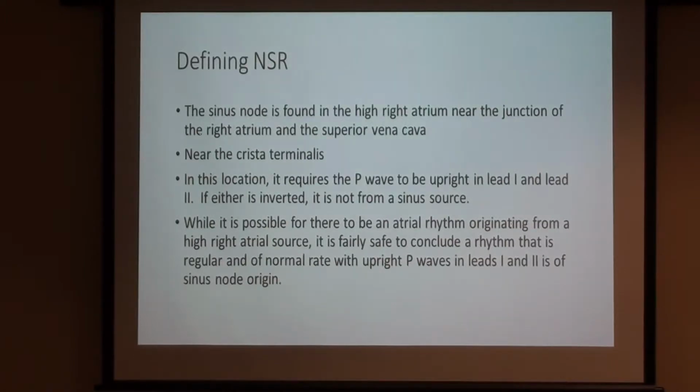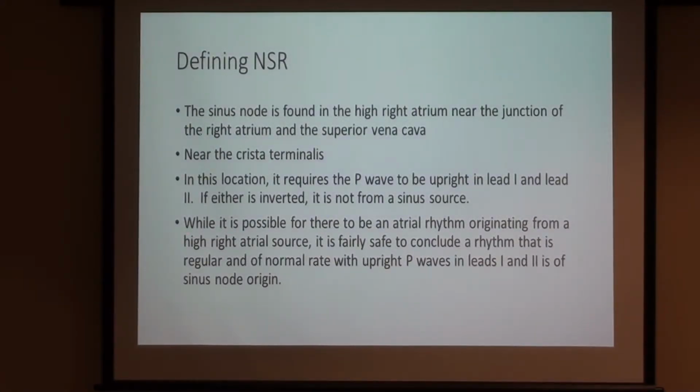So if you have a P wave on the EKG, it's upright in lead 1, upright in lead 2, with a rate between 60 and 100, normal sinus rhythm. Done. Has to be. All right?